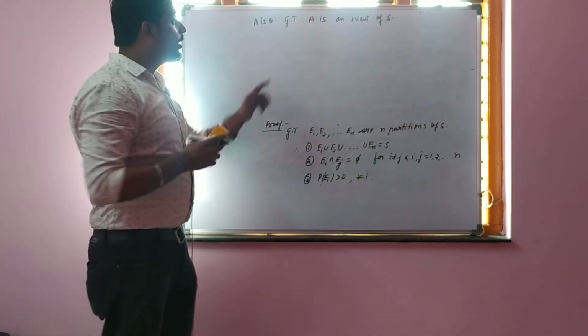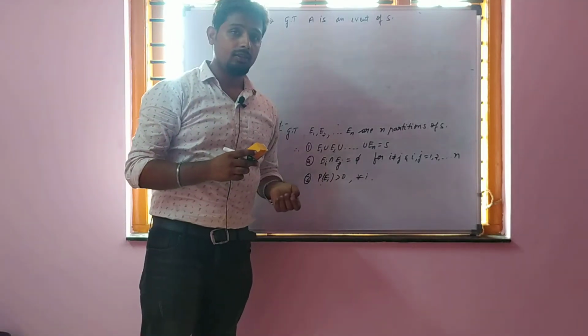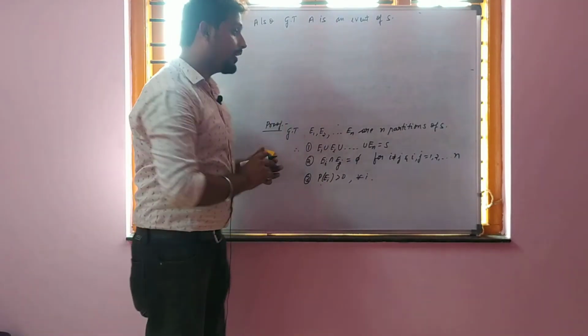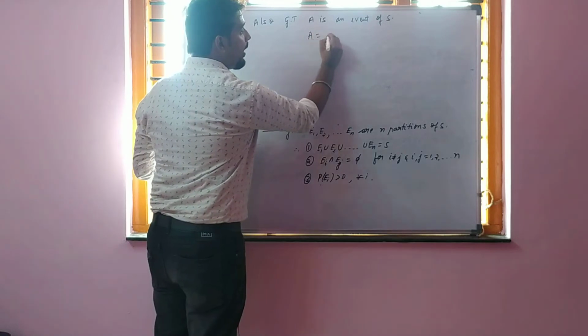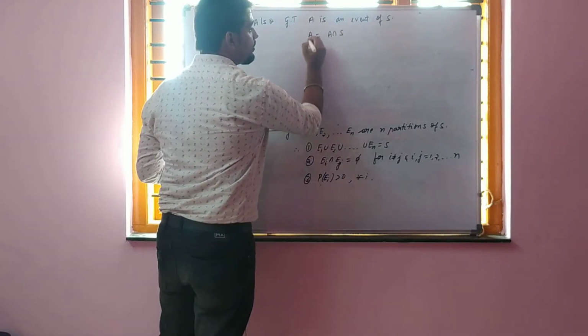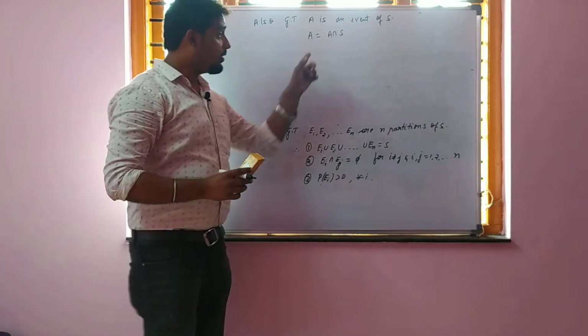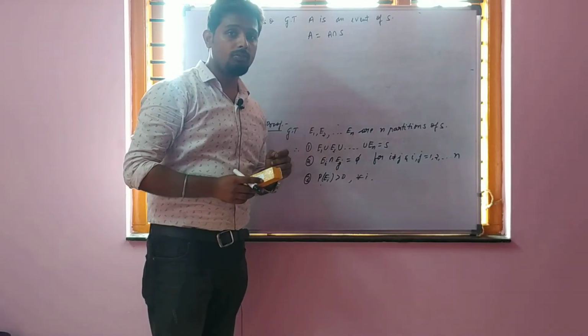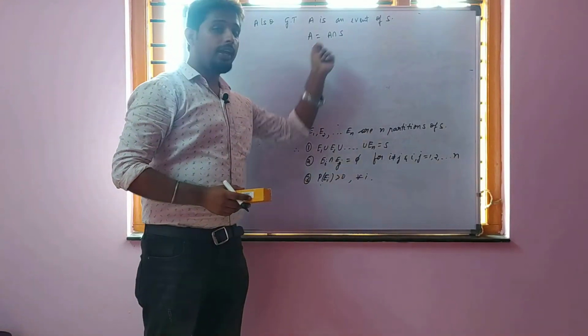It means A is a subset of S. If A is a subset of S, then we can write that A equals A intersection S. I think you have seen this while doing the sets problem, right students? So A equals A intersection S.